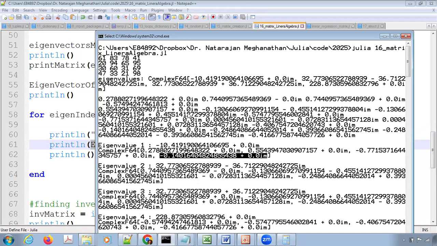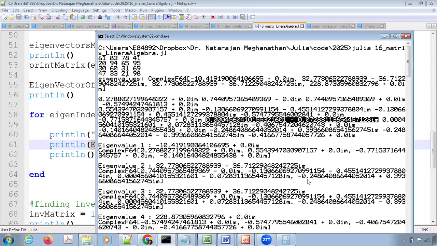Then for the second eigenvalue of 32.7 minus 36.7, the imaginary part, again, this is a complex number eigenvalue. The second column for each row will capture that column vector. So that is 0.744. And in the second row, this one. Okay. And the third row, this one, second column.